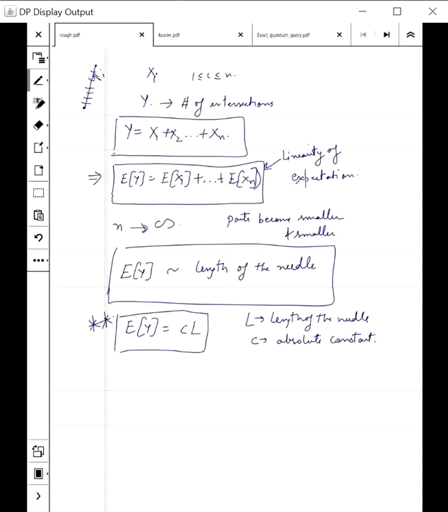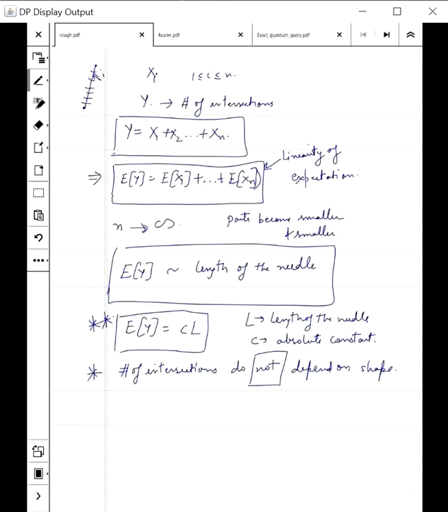Most important, it tells you that the number of intersections does not depend upon shape. This should come as a surprise to you. When we talked about a needle of shape W, a needle of shape Z, or a circular one, it seemed a very, very difficult problem. Linearity of expectation implies that we don't have to worry about this. It only depends on the length of the needle.